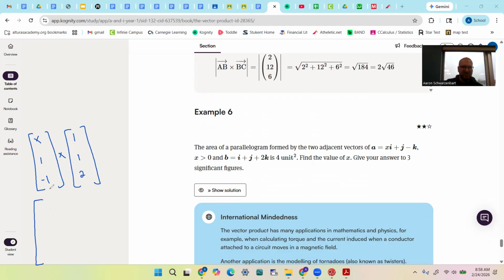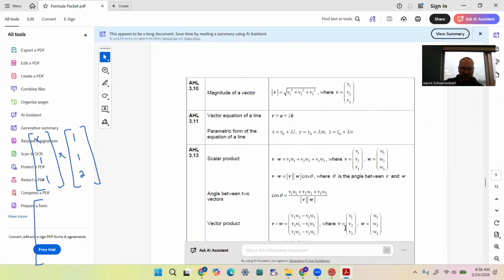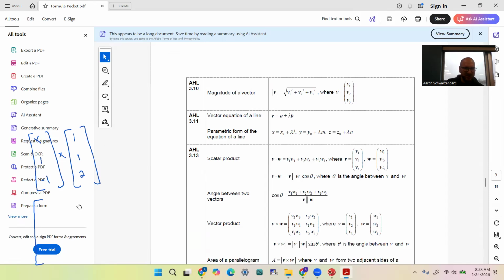Oh, it looks like it says, not a cross, not a multiply. So V2W3. V2, 1 times 2 minus V3, 1 times 1 equals 1. V3W1. What's V3?